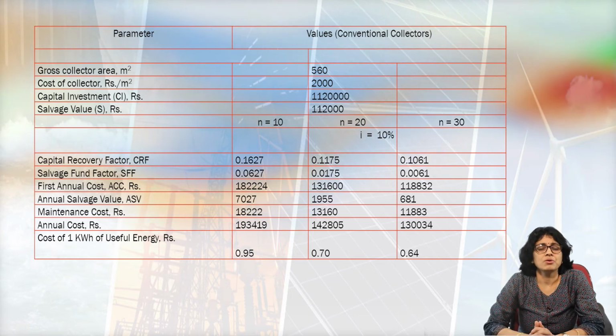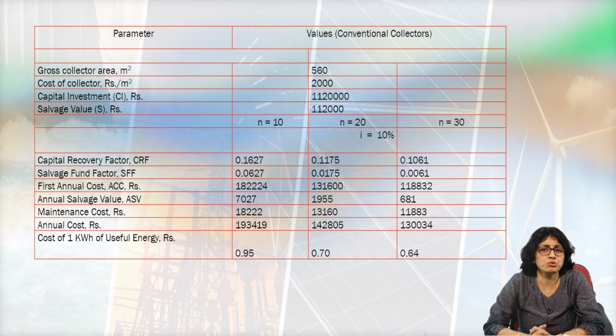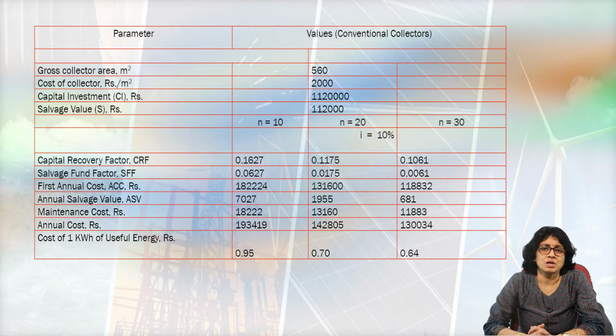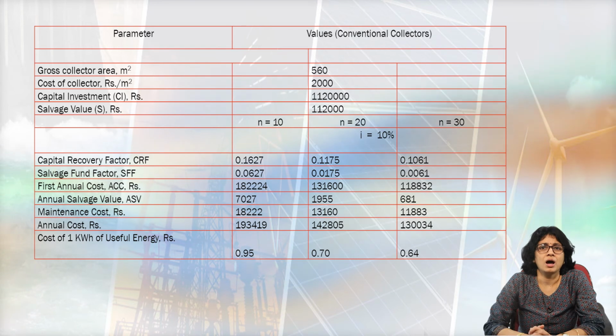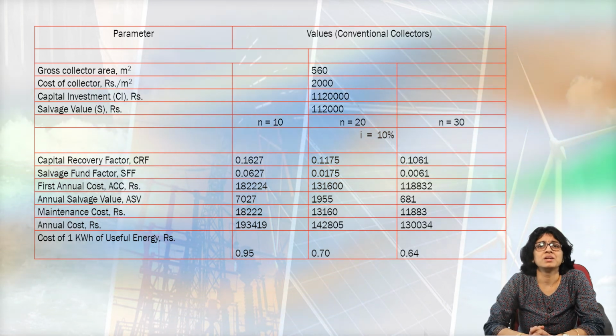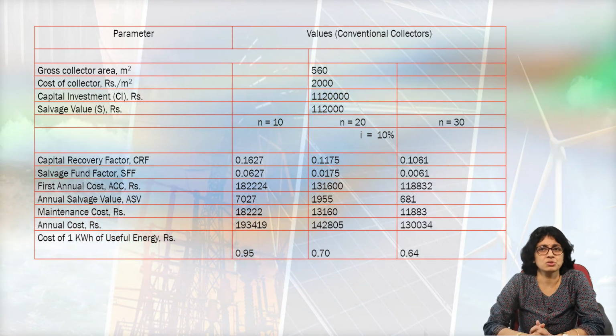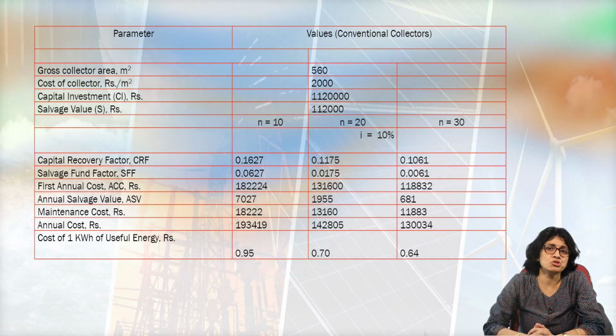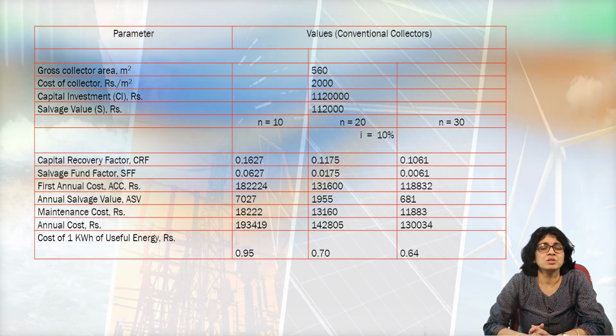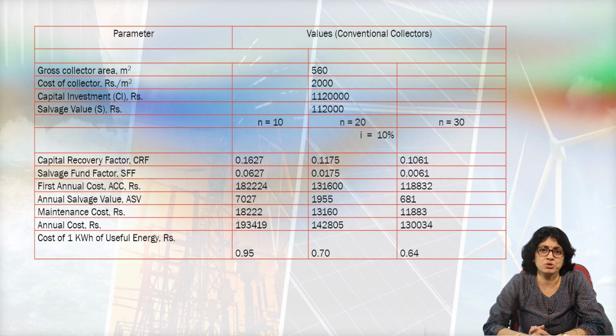Lastly, we calculate the cost of 1 kilowatt hour of useful energy. It is calculated as annual cost divided by useful energy delivered by the conventional solar collector, and we will get 0.95 when the life of the system is 10 years with interest rate of 10%.